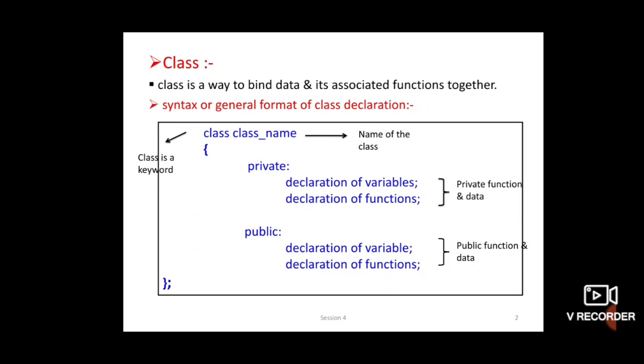The keyword class specifies that what follows is an abstract data type, the class name. Under this class name, the functions and variables are declared.